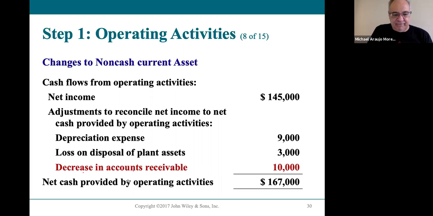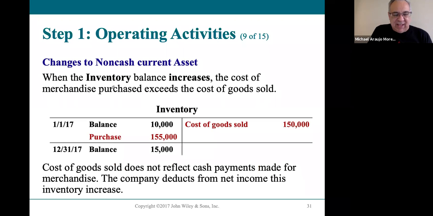This takes a little bit of time. Think about inventory. Inventory costs money. You have to pay cash for inventory. So if your inventory balance went from 10,000 to 15,000, we are assuming that you have to use more cash for that. So any increase in inventory means less cash, means you have to use cash.